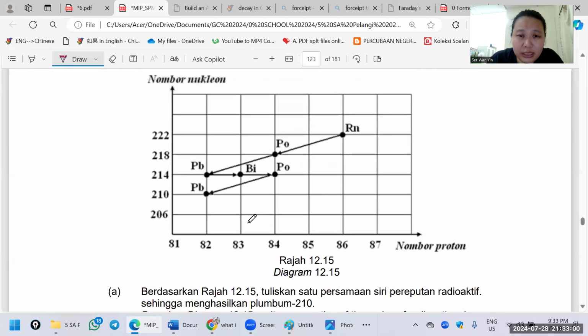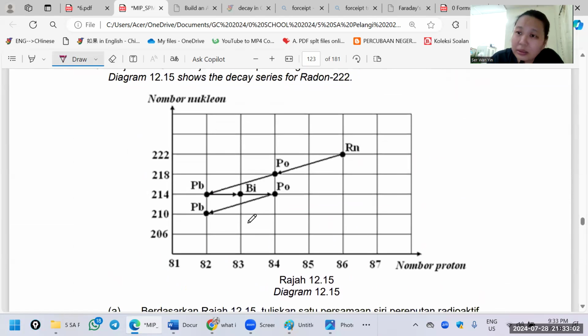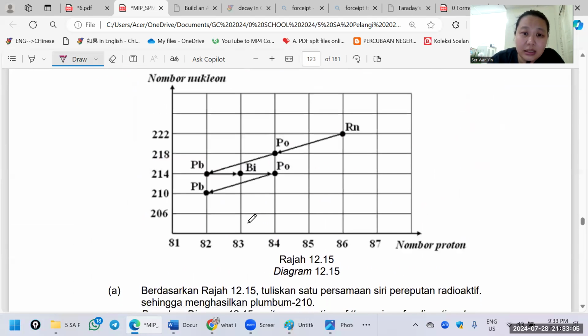Actually this graph is also quite easy to see, but so far I never see this in school. So you can see when the line goes like that, this is nucleon number, this is proton number. When it goes down like this, nucleon number goes down by 4, proton number goes down by 2. So when they go like this, it is alpha, means helium particles.